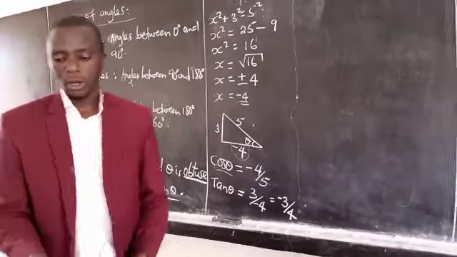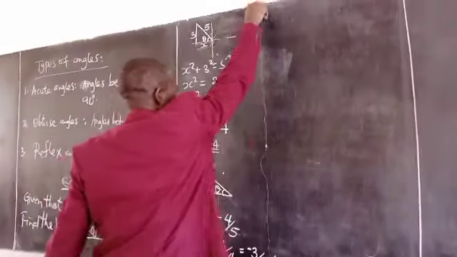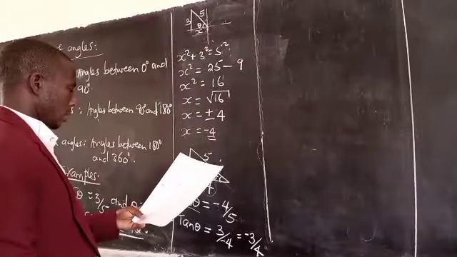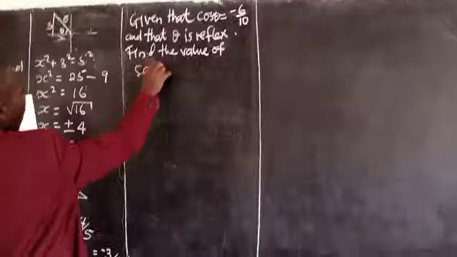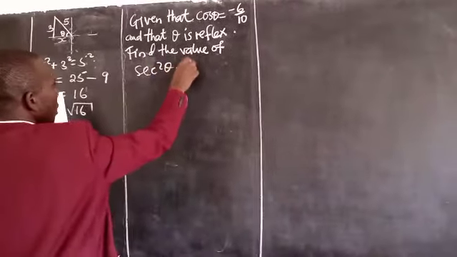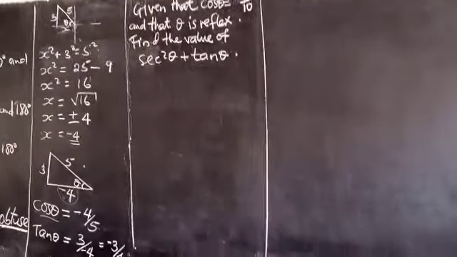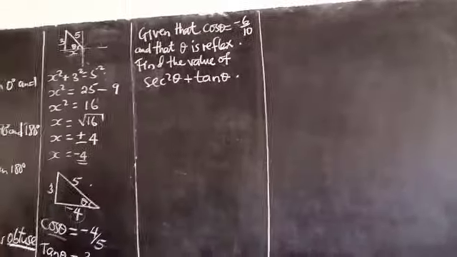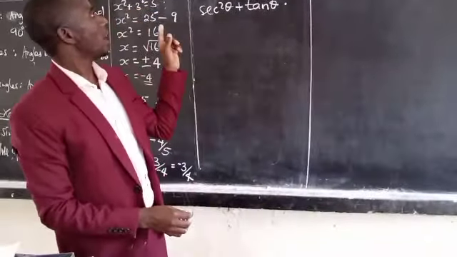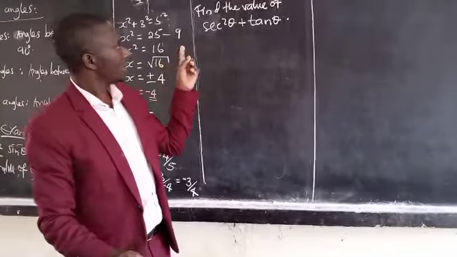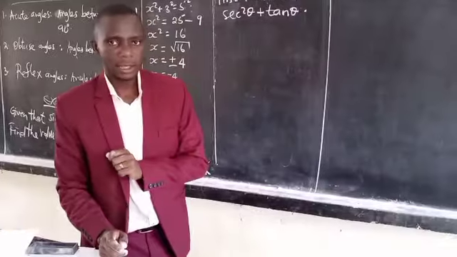We can have a second example. Given that cos theta is negative 6 out of 10 and theta is reflex, find the value of sec squared theta plus tan squared theta.